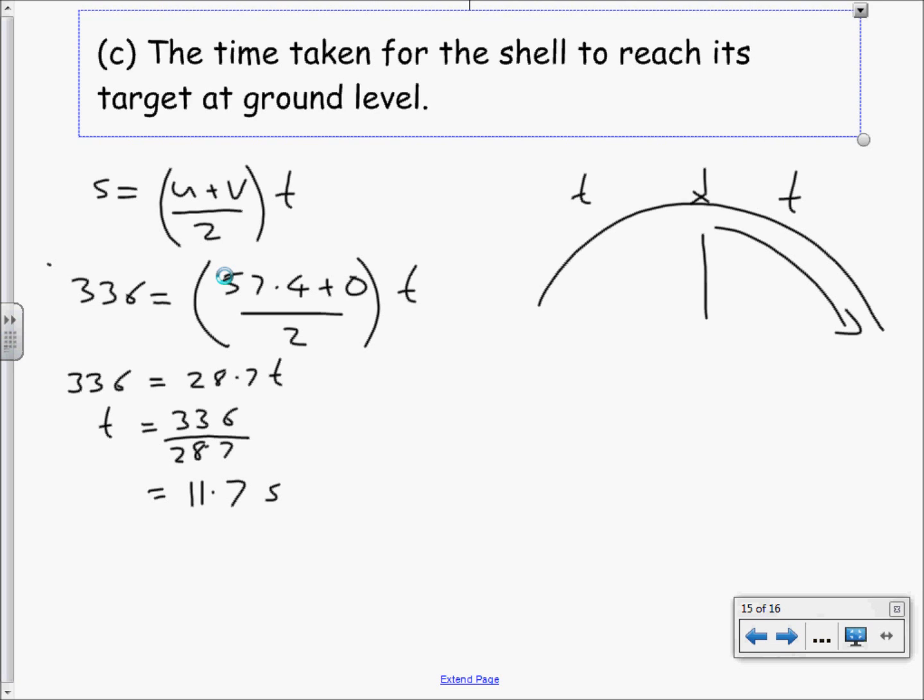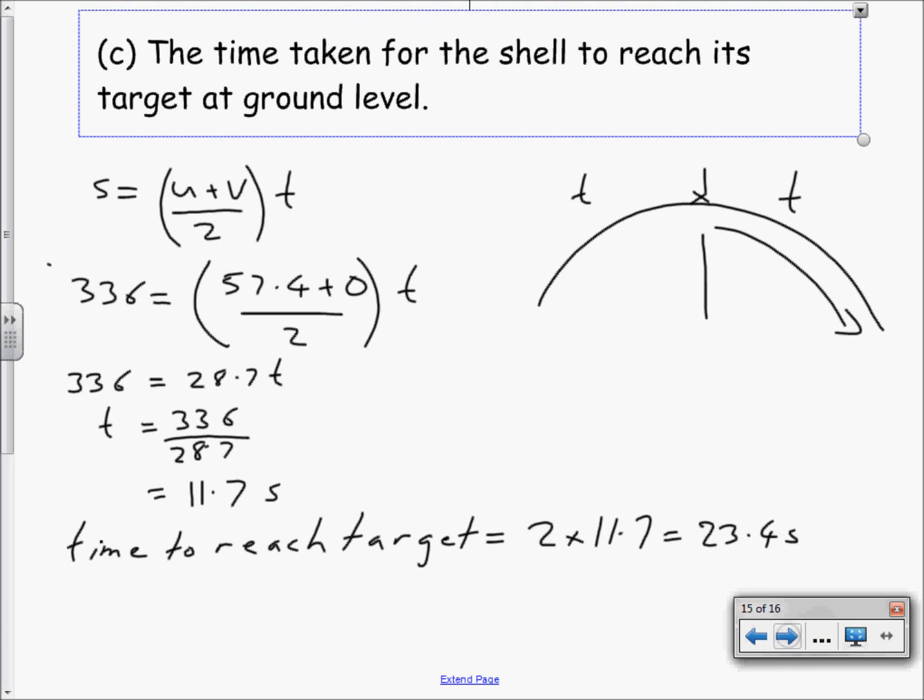Don't stop at that point. The time for the whole flight, the time to reach the target, equals 2 times that. 2 times 11.7 equals 23.4 seconds.